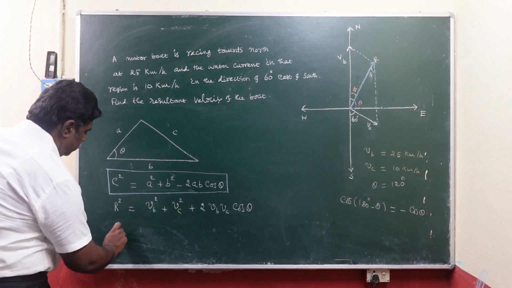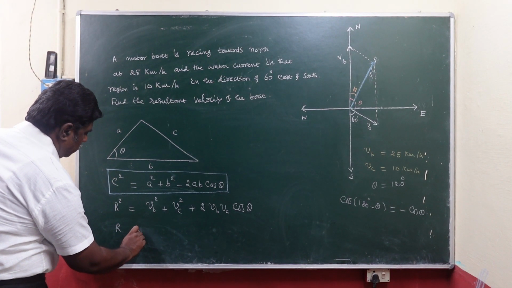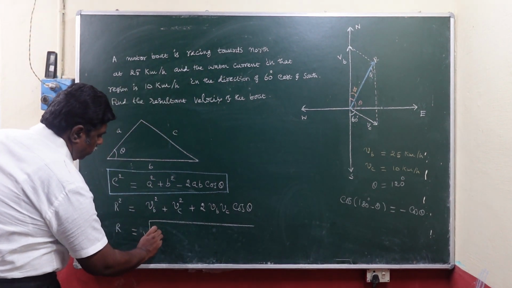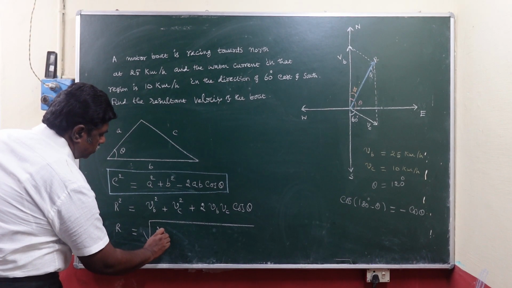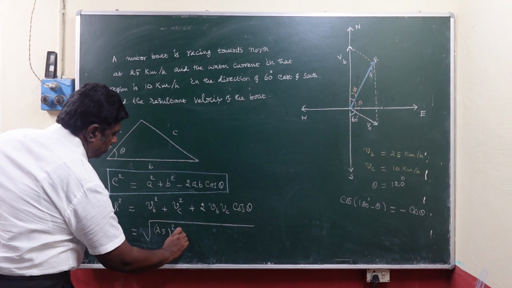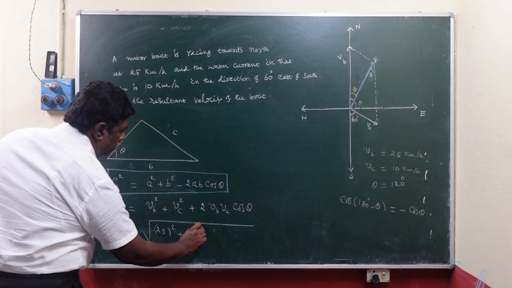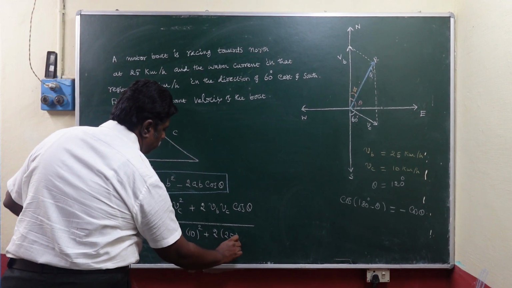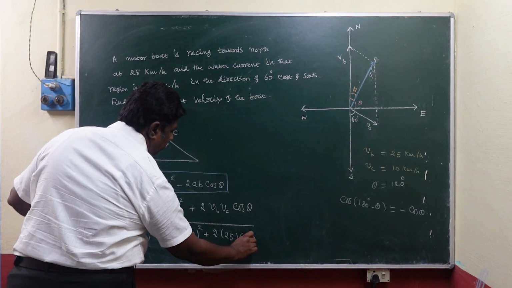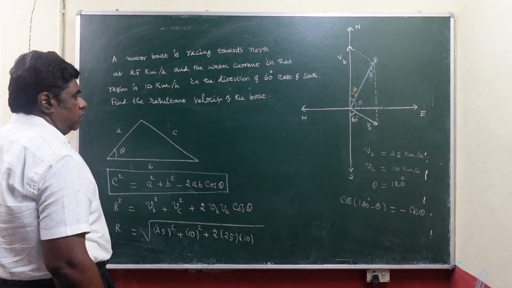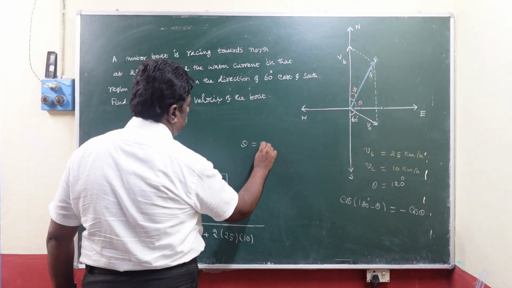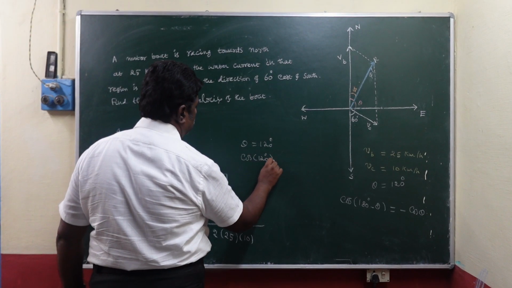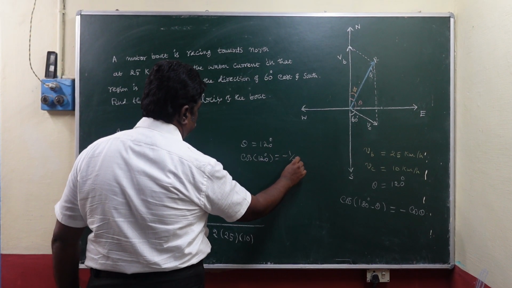Now substitute the values. R equal to the resultant vector. Inside the root, VB square is 25 square plus 10 square plus 2 times 25 into 10. Here theta is 120 degree, cos 120 degree equal to minus 1 by 2.